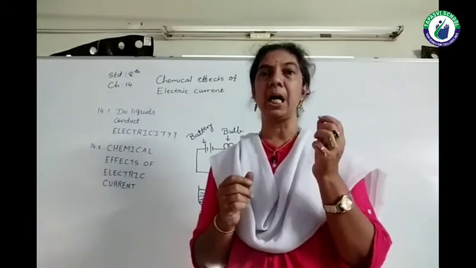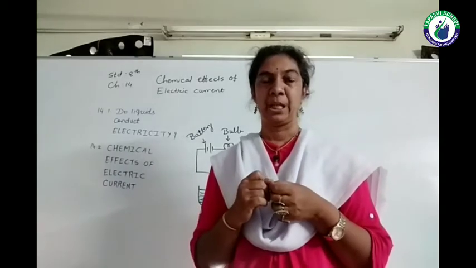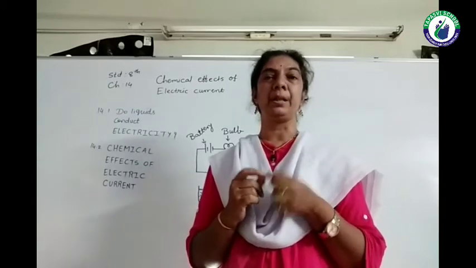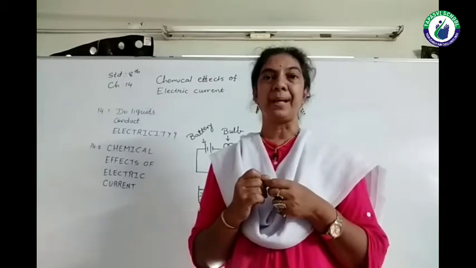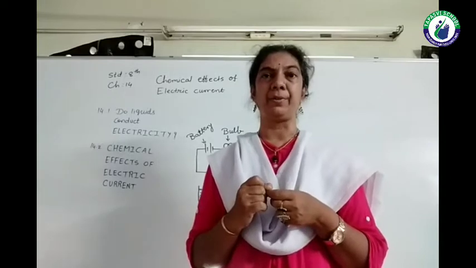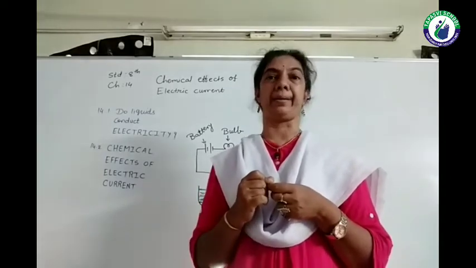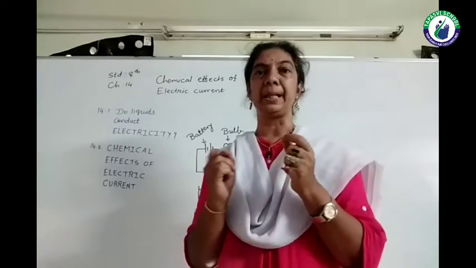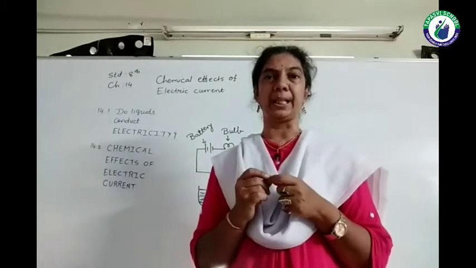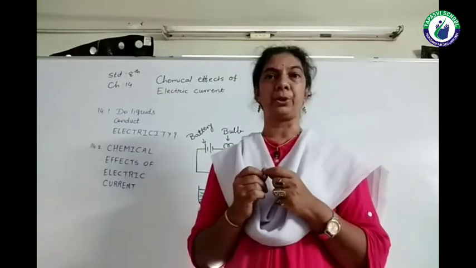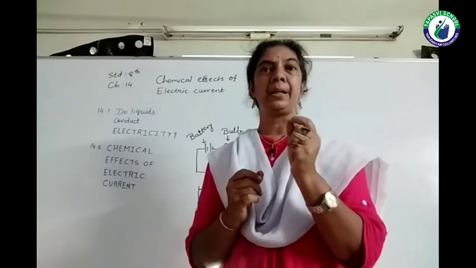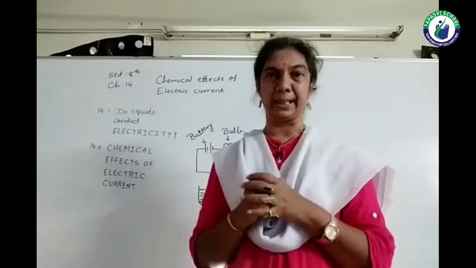Some bubbles are produced. Or if we have the instrument which measures electric current, which is known as an ammeter, and we keep that ammeter in the circuit, then it will also show the current that is present in the circuit.